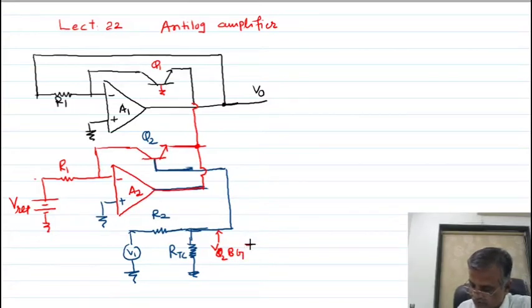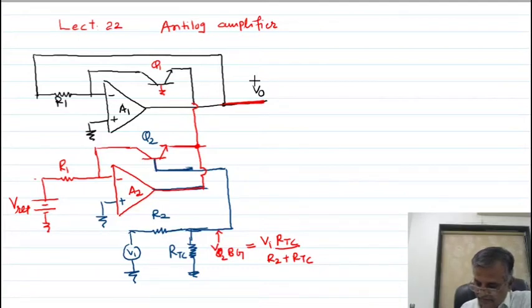So that voltage is nothing but Vi into RTC upon R2 plus RTC. See, this is your complete circuit I am showing you here, now without the output voltage of the anti-log amplifier. Listen to the circuit discussion.